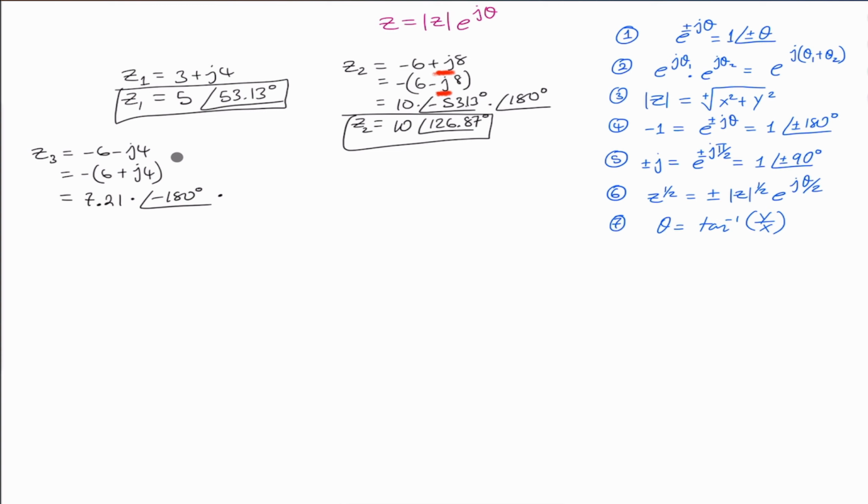That is the inverse tangent of 4/6, which gives an angle of 33.7 degrees. We add that together, and we have a magnitude of 7.21 with an angle of -146.3 degrees.